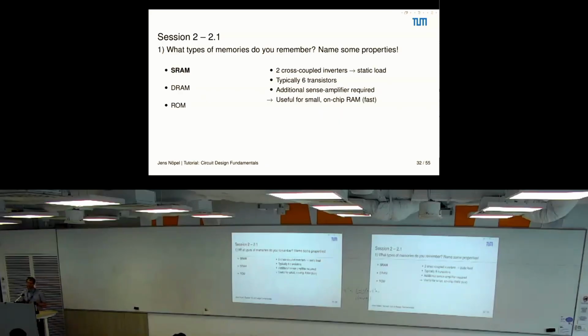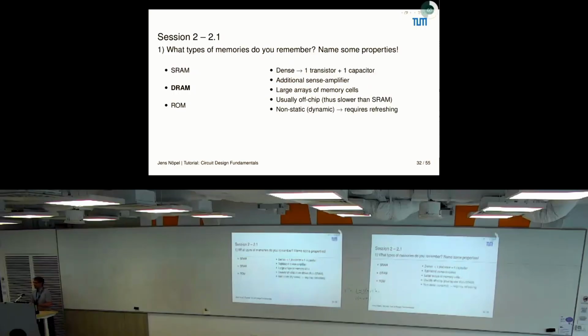You also need additional sense amplifiers to read out the data contained. They are very useful, especially for small on-chip random access memory, which is very fast. Typically you find that, for example, in caches.